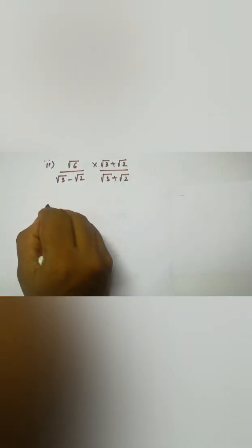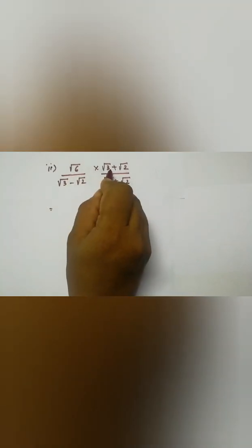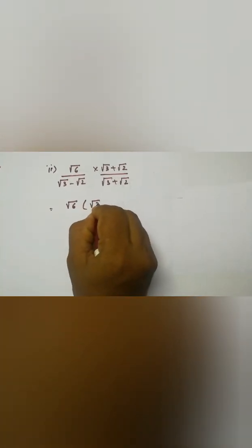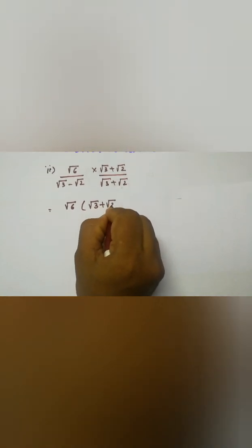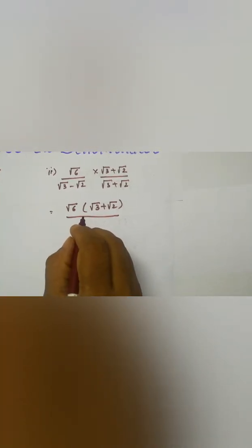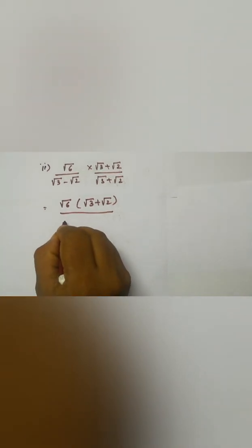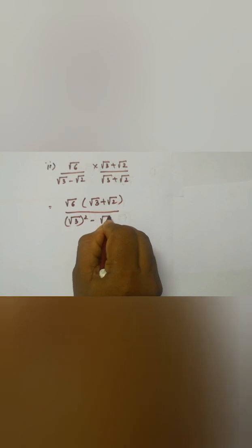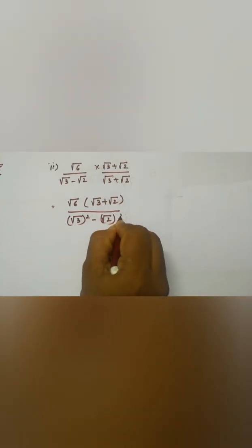Now, here we will see root 6 into root 3 plus root 2. You have to write like this, root 6 into root 3 plus root 2 by, again this is in a form of a plus b and a minus b. What is the identity? A plus b into a minus b? A square minus b square. So, root 3 whole square minus root 2 whole square.